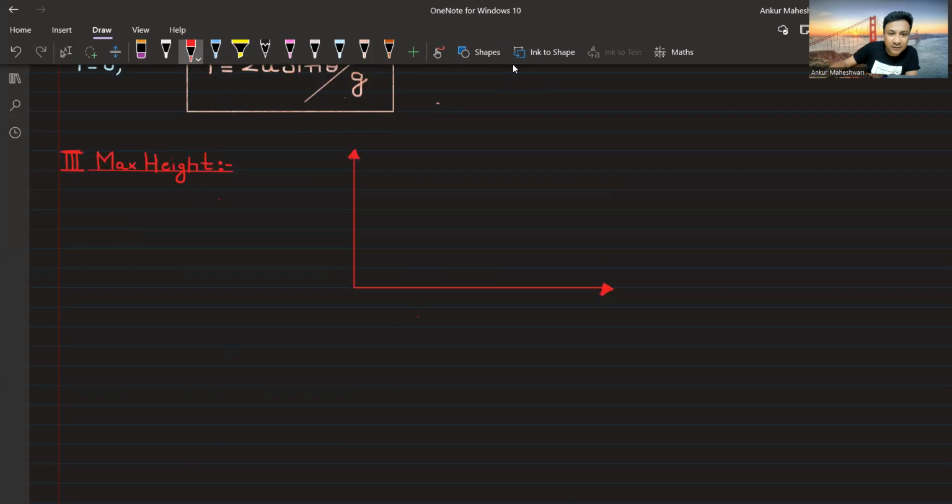This is my y-axis and this is my x-axis. Consider a body is projected in this way with u as initial velocity and angle theta. Okay. So if you draw the path taken by the particle, it is like this only.